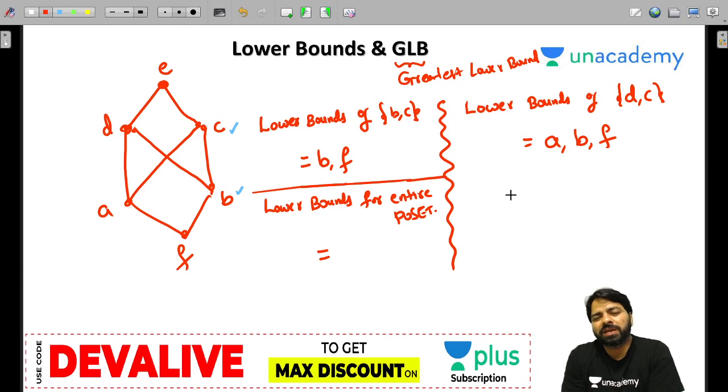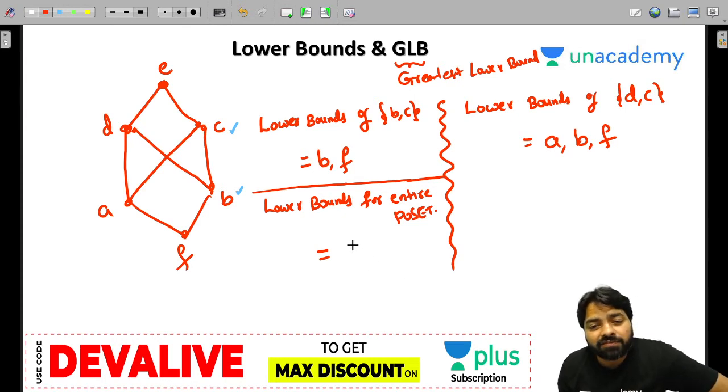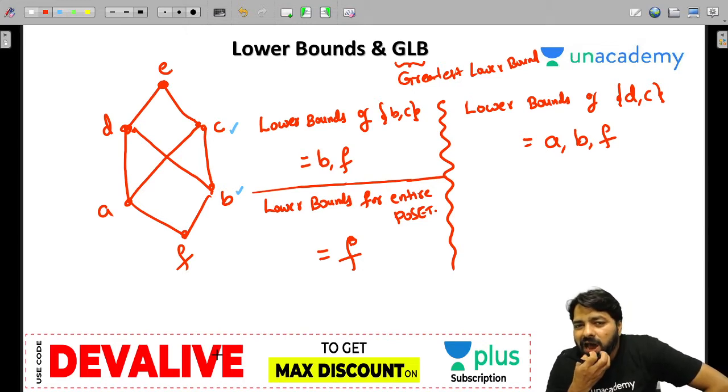Even sometimes you may not find, sometimes. For entire poset, F is only lower bound, because F is only the element which is predecessor to all of them. Clear everyone? Lower bounds. Everybody clear about lower bounds?